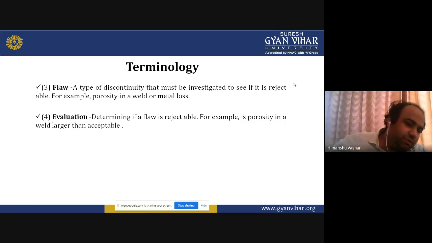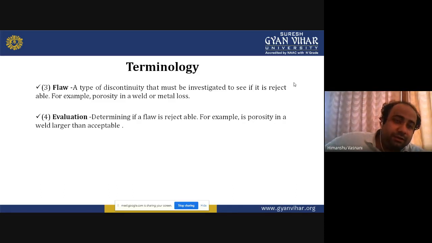Then the indication is true, the flaw that has been indicated is true, and it can be interpreted that it should be improved. Okay, it is a discontinuity, it should be improved. So it is a type of discontinuity that must be investigated to see if it is rejectable. And if that porosity in the weld has small holes which can be adjusted, then that flaw can be rejected.